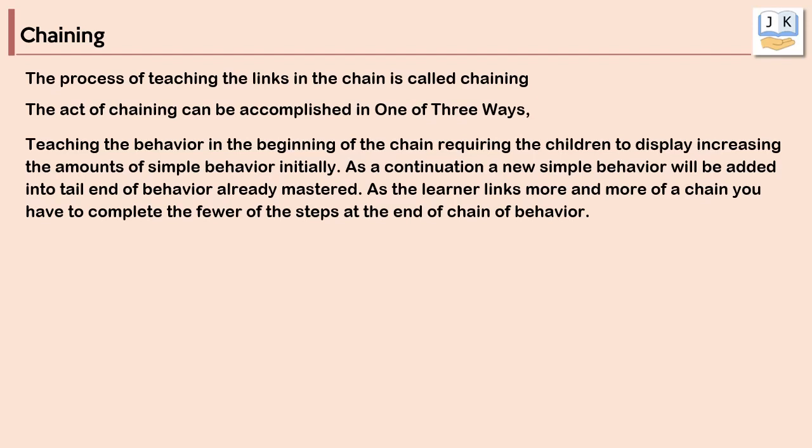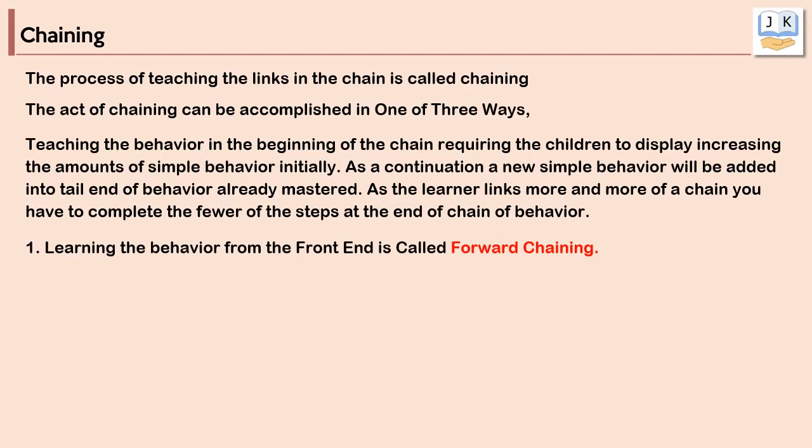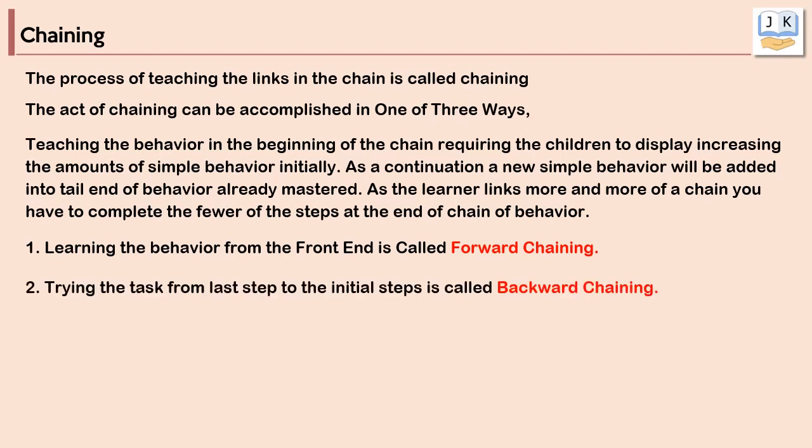As the learner links more and more of a chain, you have to complete fewer of the steps at the end of the chain of behavior. Learning the behavior from the front end is called forward chaining. Teaching the task from the last step to the initial step is called backward chaining.